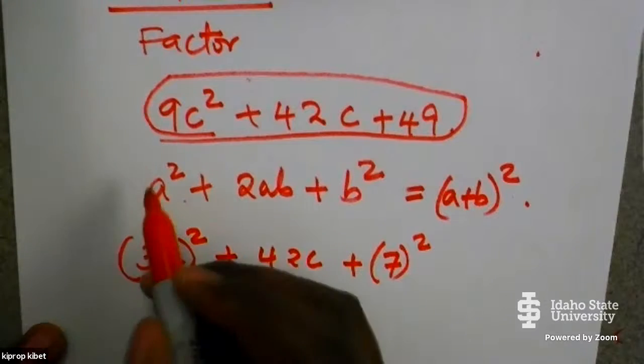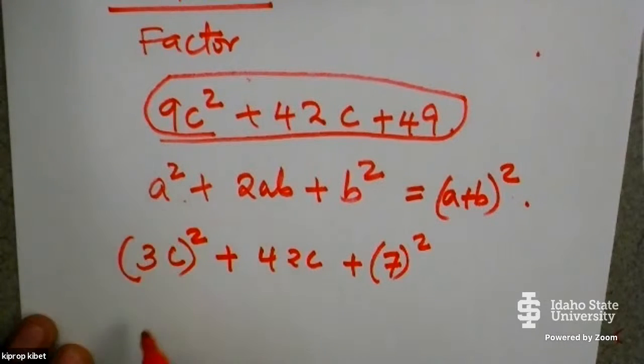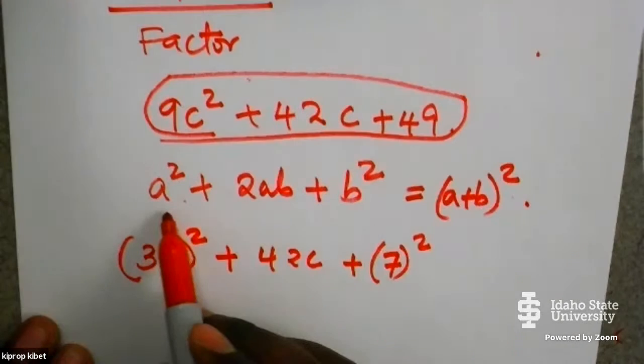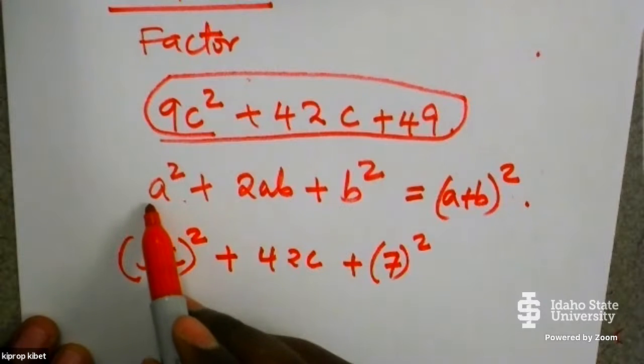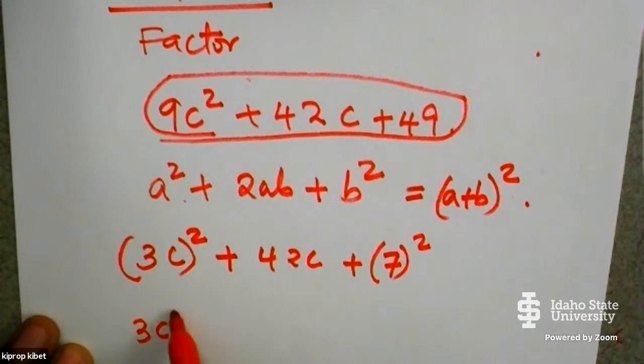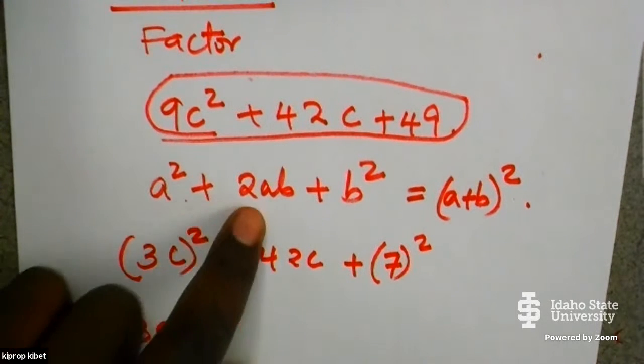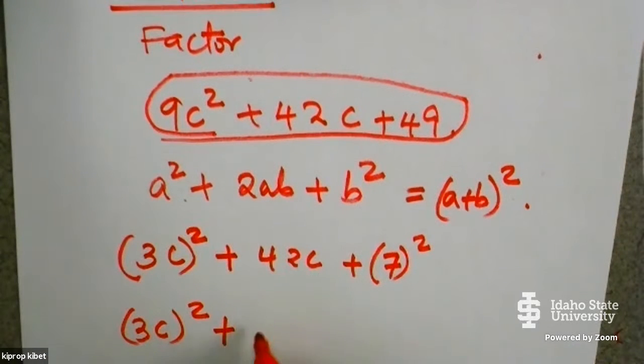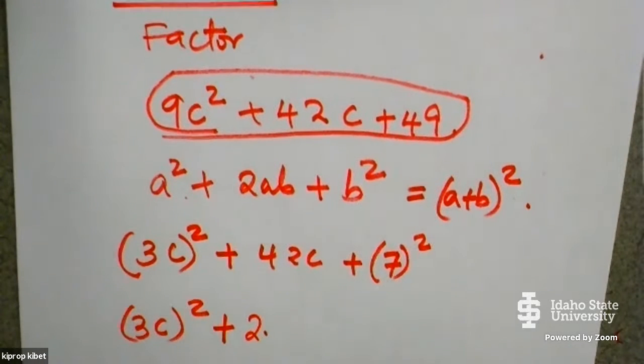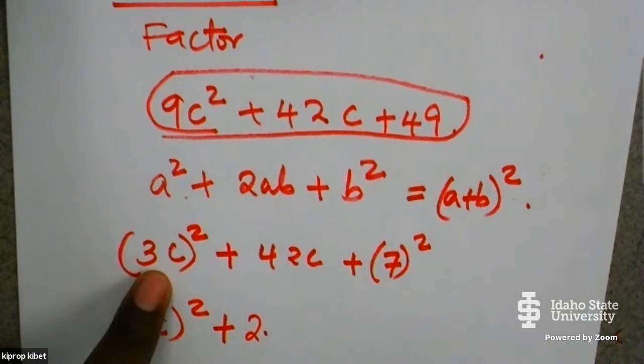Now, coming down to the next step, because we have known that this is 3c squared, and this one is a, plus 2. That means we put 2 here. 2 is constant, so it's always there. And then ab.